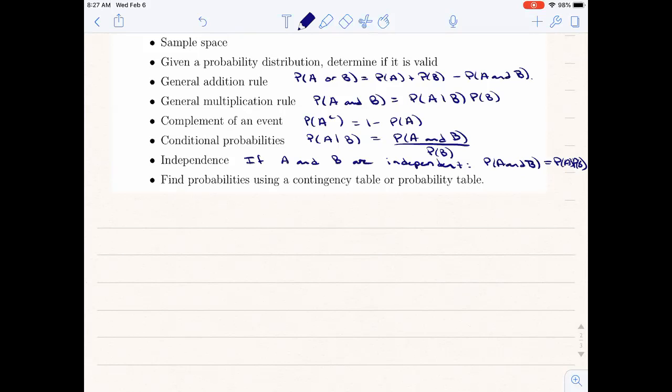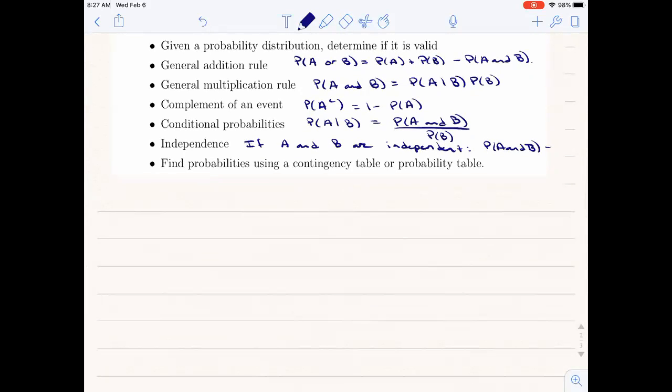Oh, here, I got sloppy. The probability of A times the probability of B. Is that better? Yeah.